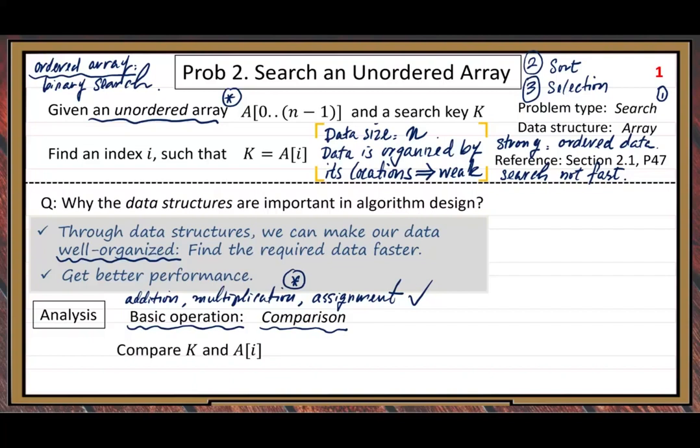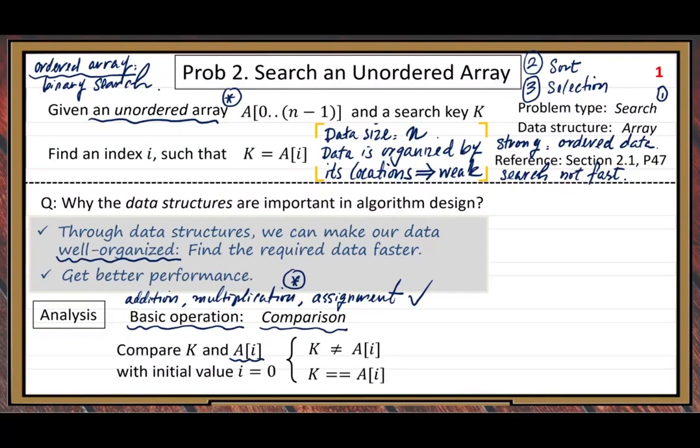Compare K and A of I first. This A of I, we treat it as the current element. We need to start from the very beginning, the first element, so the initial value I equals 0. When we do the comparison, we consider two cases: the first case, K equals A of I, and the second case, not equal.